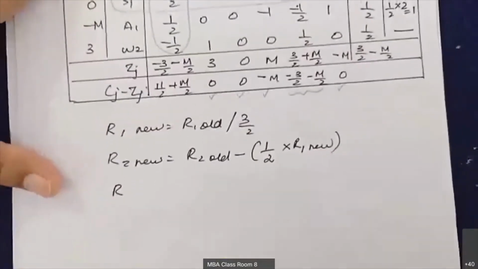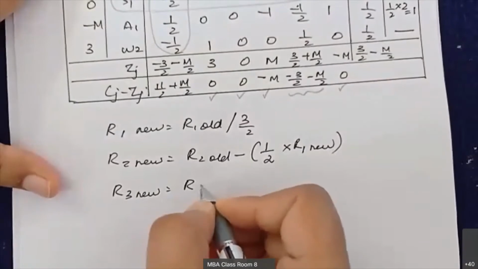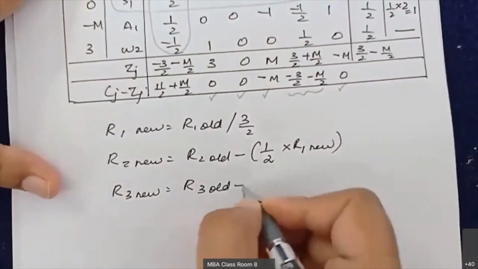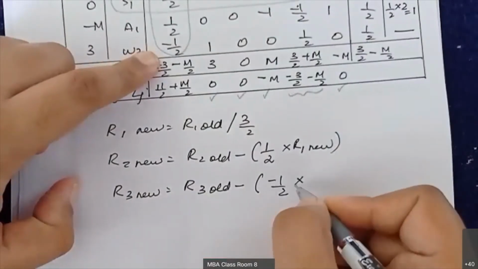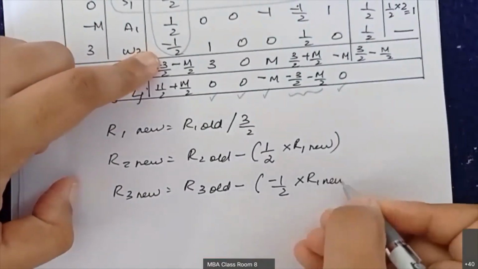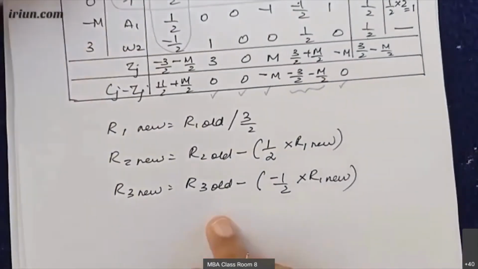Next one, R3 new is equal to R3 old minus the key value 1 by 2 into R1 new. We have only this one more table, then it will be over. So I'm not doing these operations now, I'll just directly go to the table.